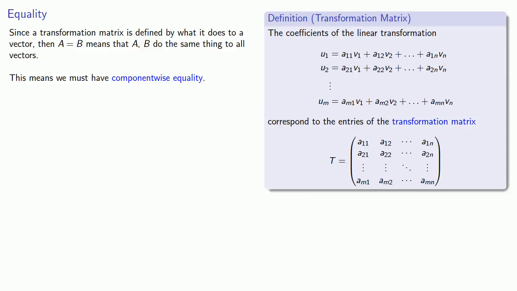Now, you probably came to this conclusion on your own without thinking about it, but the important idea here is that we are basing our definitions on what these matrices do to vectors, and this will be important for addition and later multiplication.